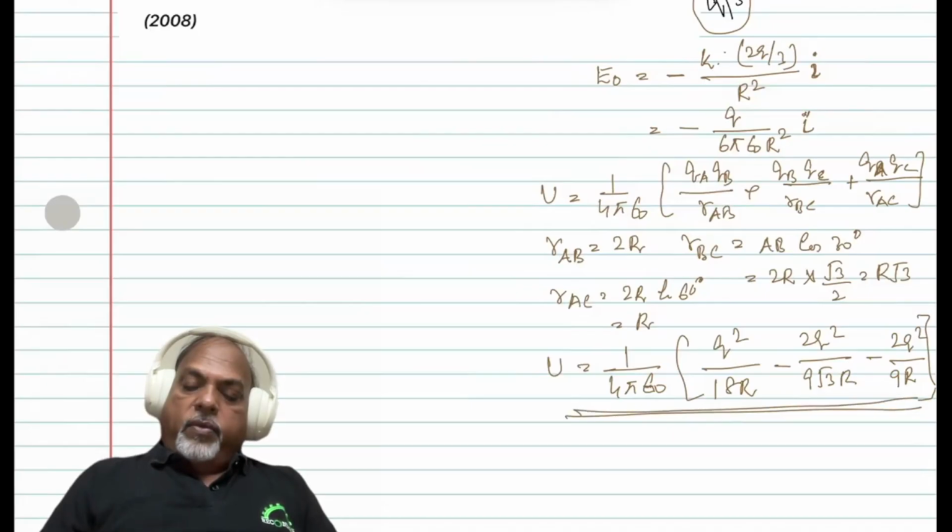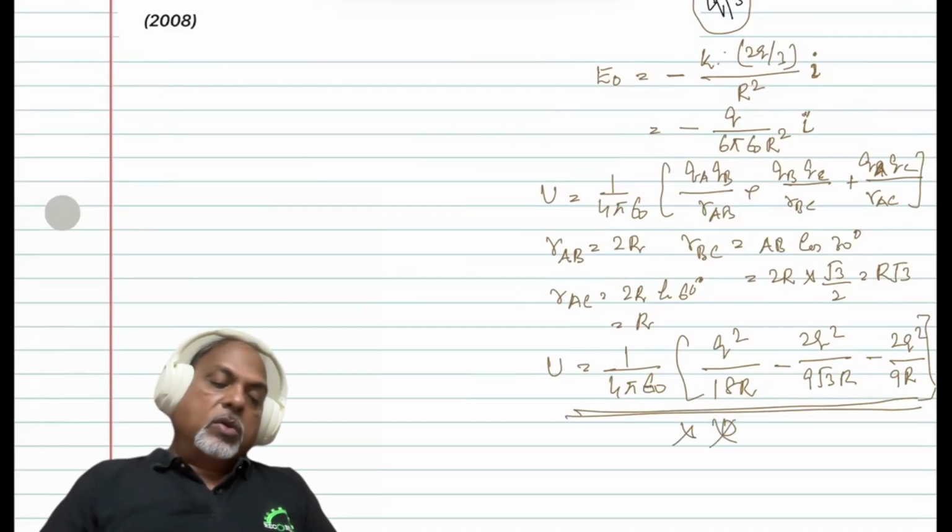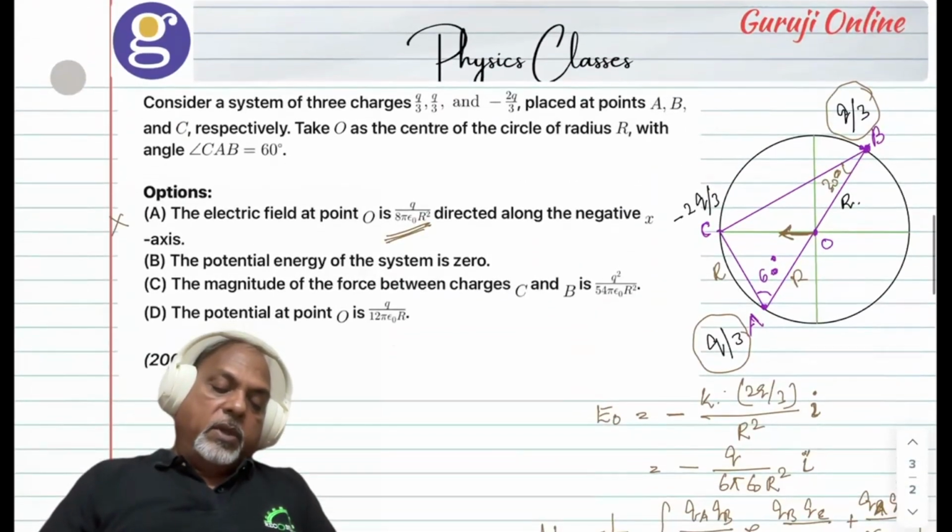You can calculate the value of this, but this is not zero. So the statement that the potential energy of the system is zero is also not correct.